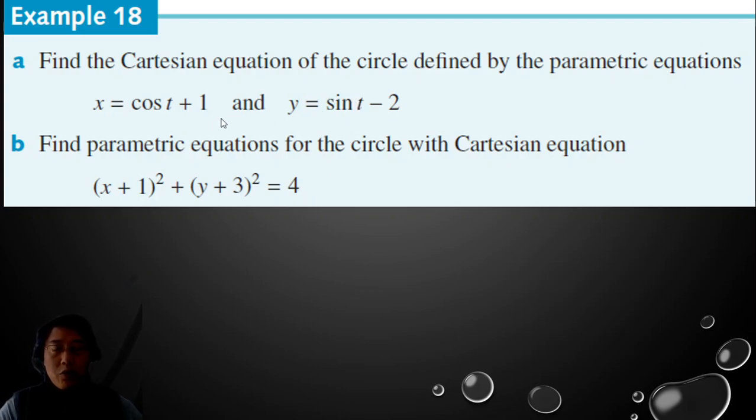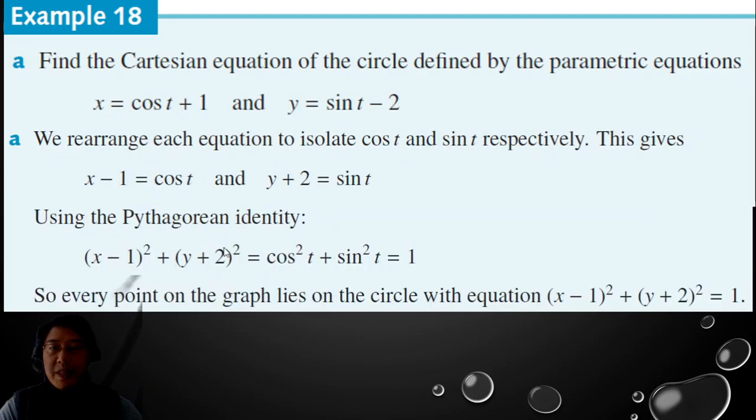With the first one, what you need to do is rearrange each equation to make cos and sine the subject respectively, which is what we obtain down here. And you use the Pythagorean identity, so the sum of the squares equals 1.